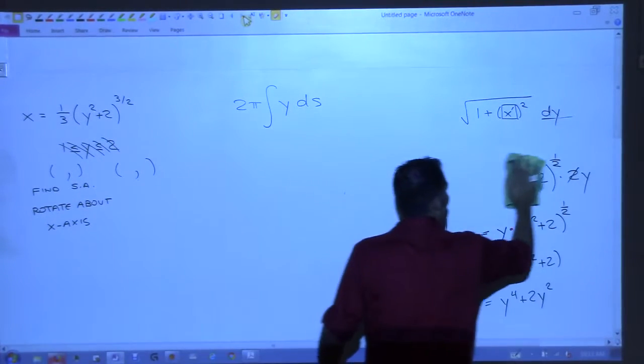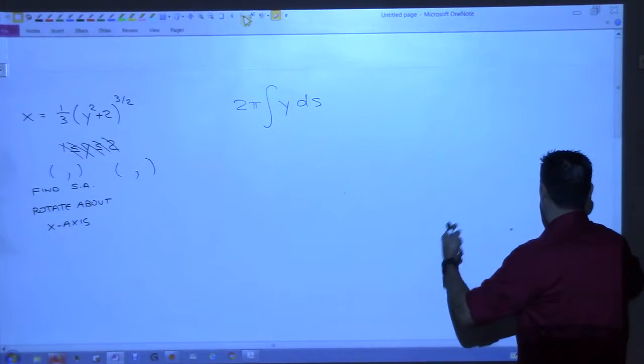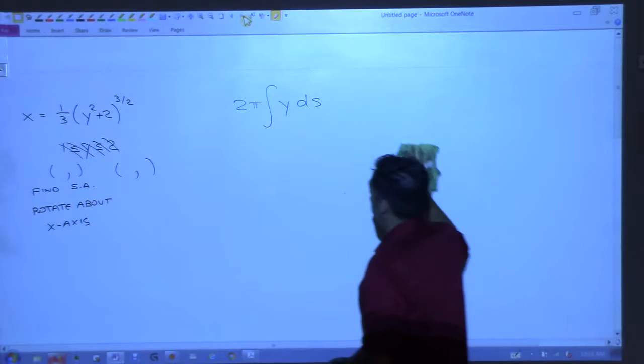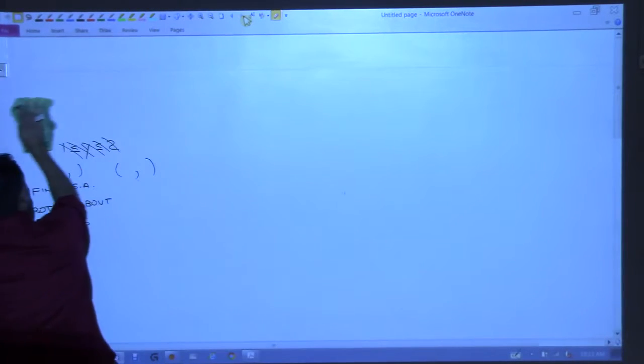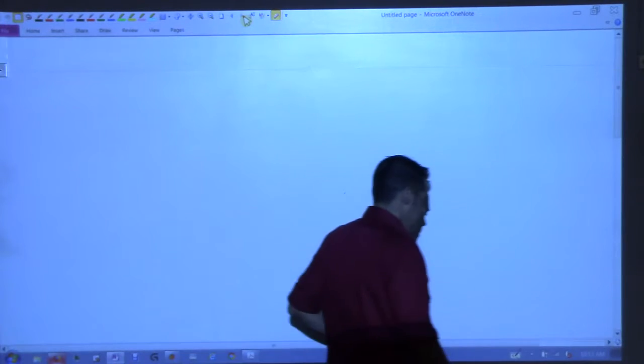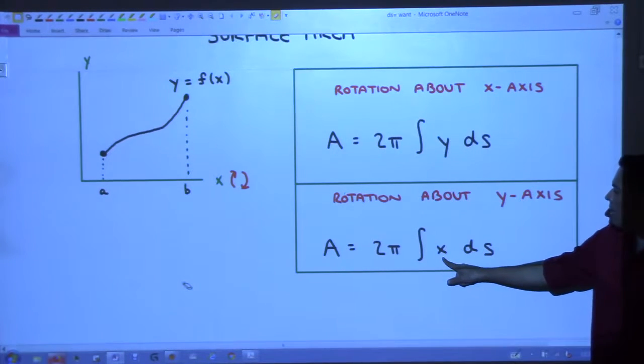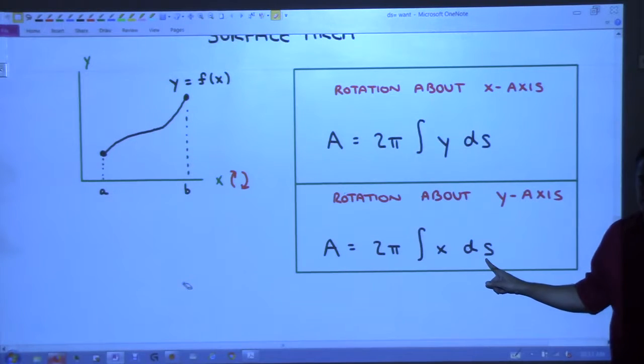Now, how do things change if we want to go around the y-axis instead? Well, what changes in the formula is not much. Going around the y-axis, the only thing that changes is the x ds.